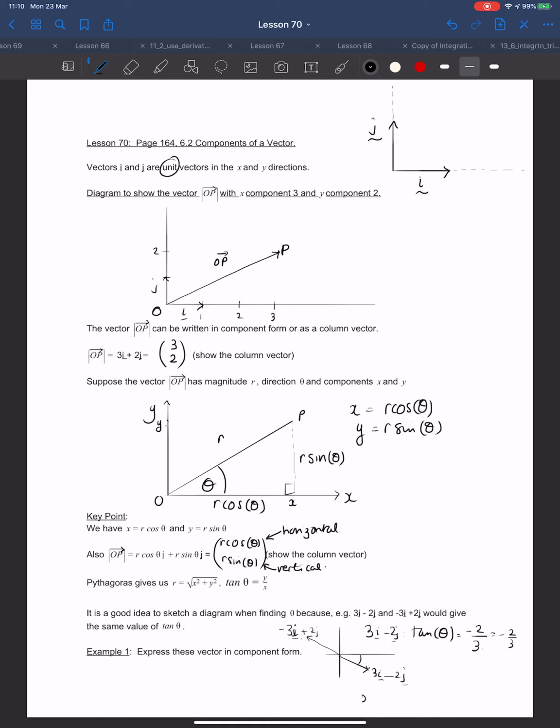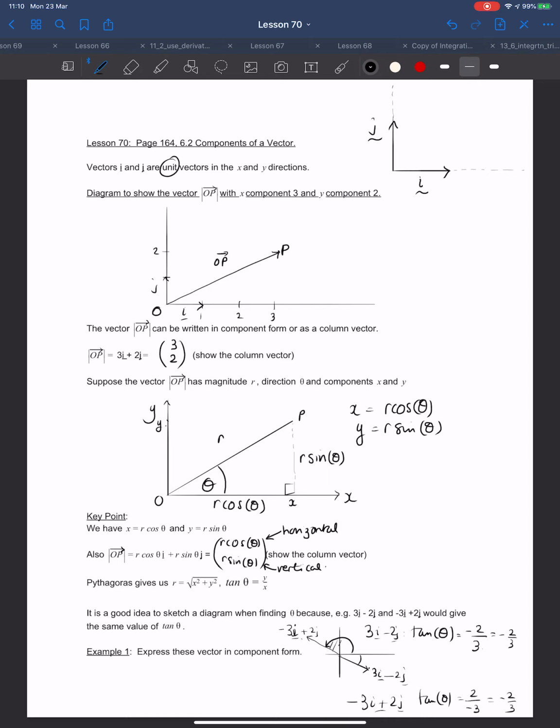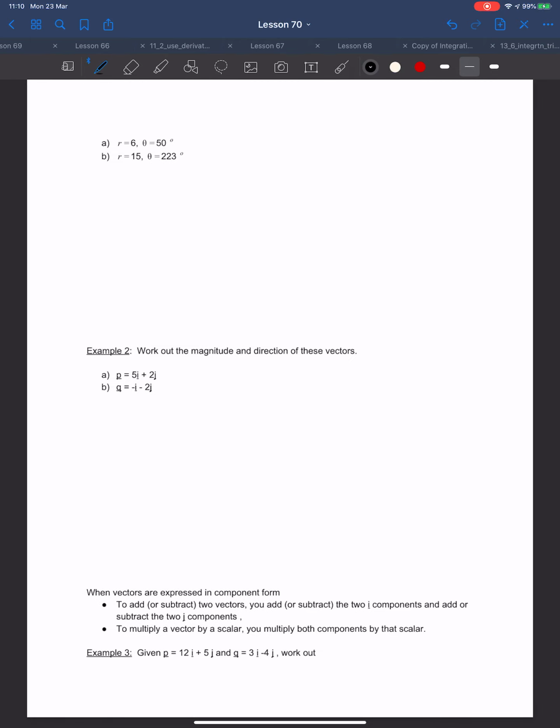The other one, minus 3i plus 2j, tan theta is 2 over minus 3, which is also minus 2/3. So your calculator is going to give both of these vectors the same angle, which they haven't got at all. This one has got that angle there, and this one has got that one there, and they can be completely different values.